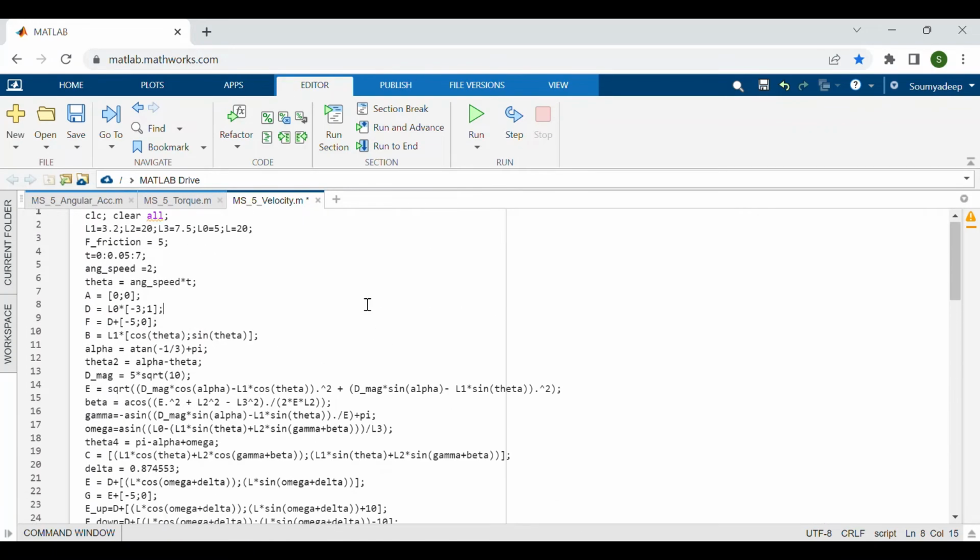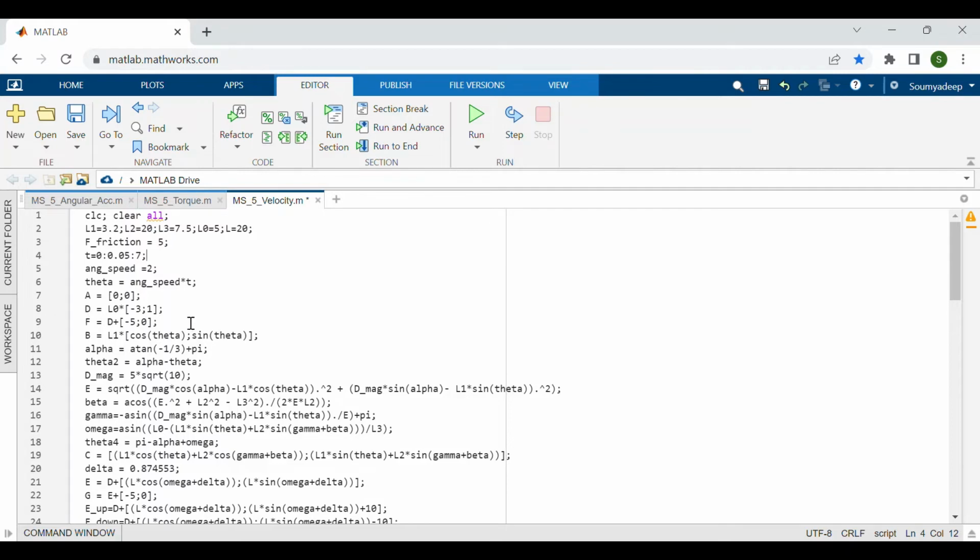Now let's see the MATLAB simulation along with the code explanation. In this snippet of code, L1, L2, L3, L0 represent the link lengths. We are considering friction force to make the mechanism as real as possible. We are also considering a time interval of 0 to 7 with increment of 0.05.